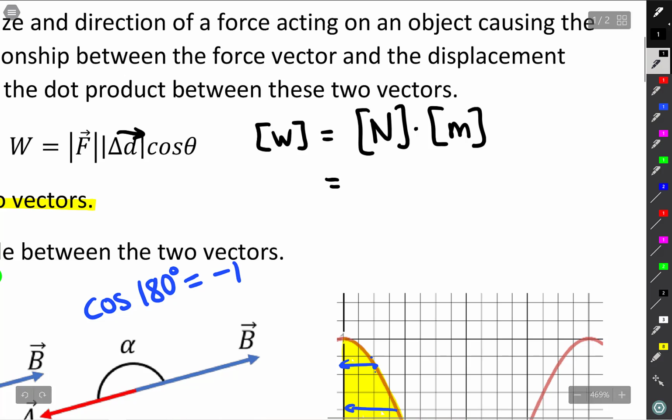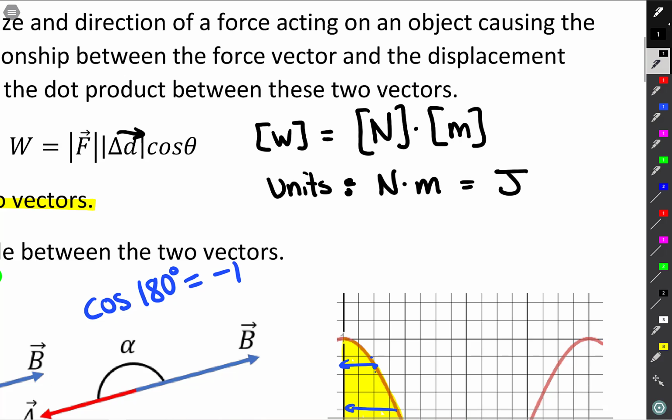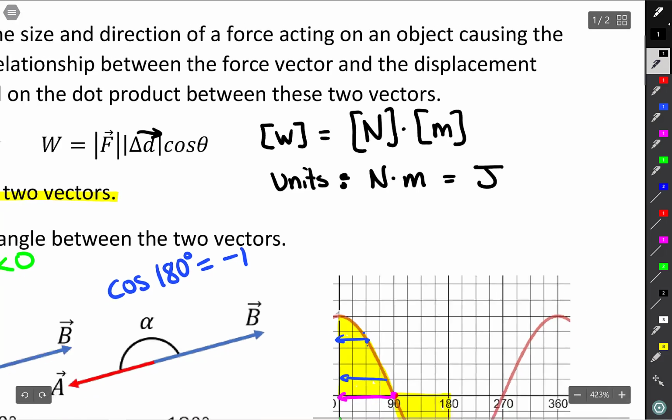So the units for work actually comes out to be a Newton meter. However, you may remember this as another unit called the joule. So Newton meters or joules, both of which are acceptable results when we're talking about work.